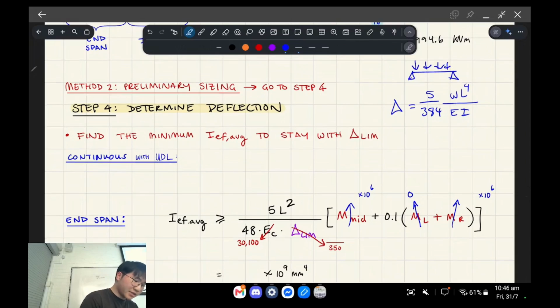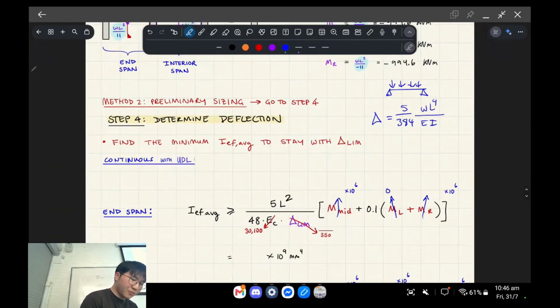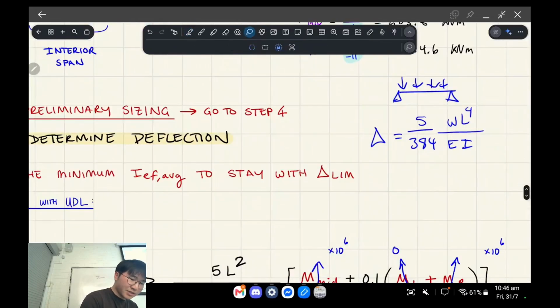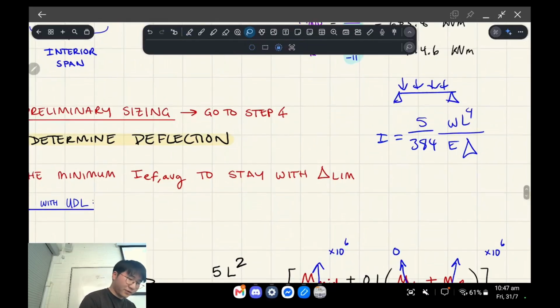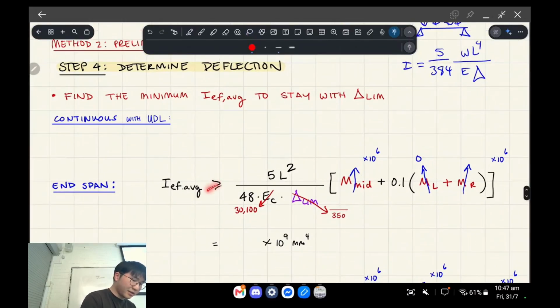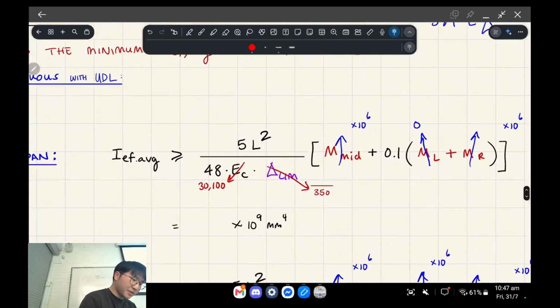For a continuous beam, we can use an approximation based on this formula. What this formula does is it moves I onto the left-hand side and it moves the deflection onto the right-hand side. So it's going to look a little different, but it follows this formula and it's saying that IEF average should be bigger than this number that you work out here.